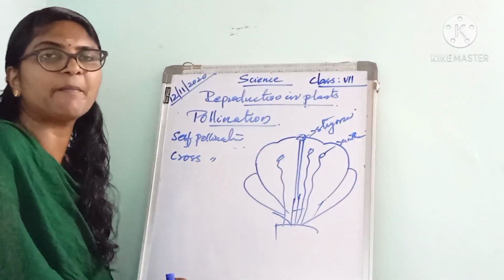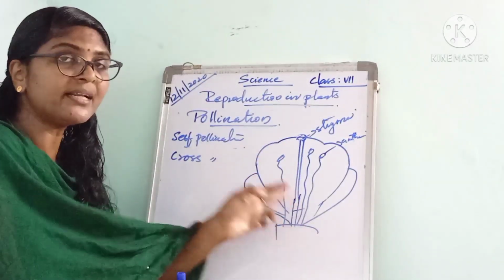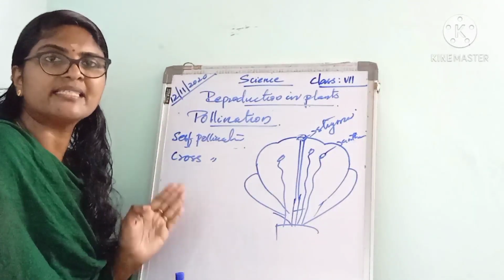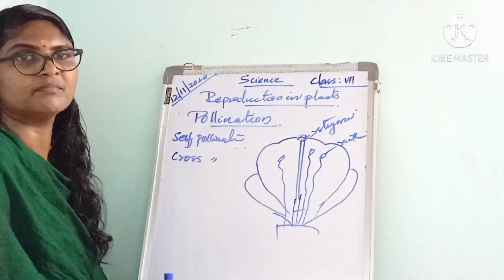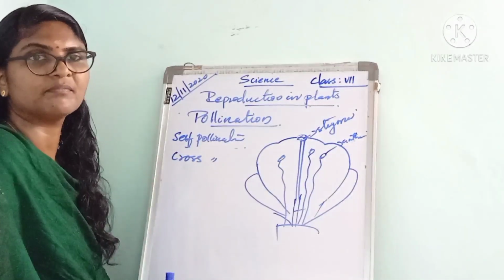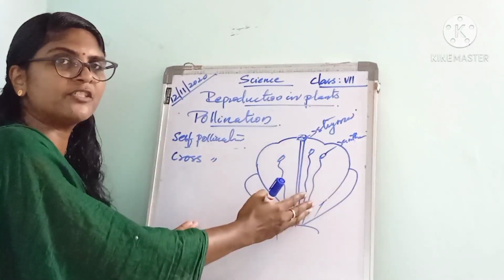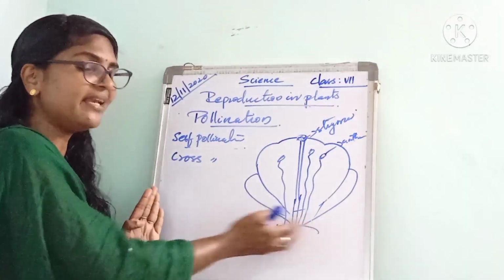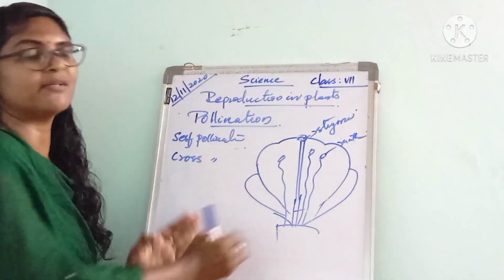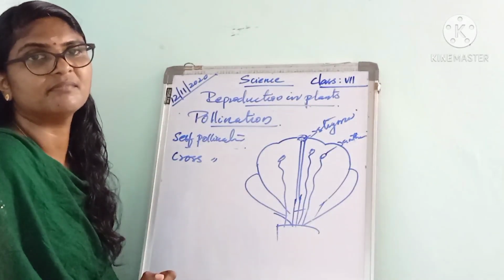The pollen grains from a flower reach the stigma of a flower of another plant. Here we have two plants of the same kind. For example, if both plants are hibiscus, the pollen grains from one flower go to a flower of the other plant.